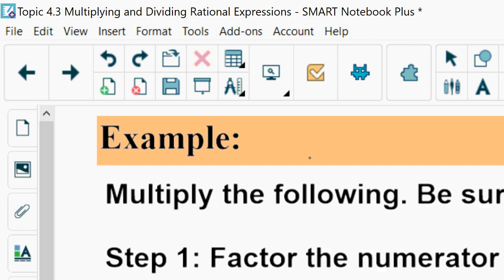I have a y plus 3 in my numerator and a y plus 3 in my denominator. I have a y plus 2 in my numerator and a y plus 2 in my denominator. And so all I'm left with, when it's all said and done, is y plus 2 divided by y plus 3.